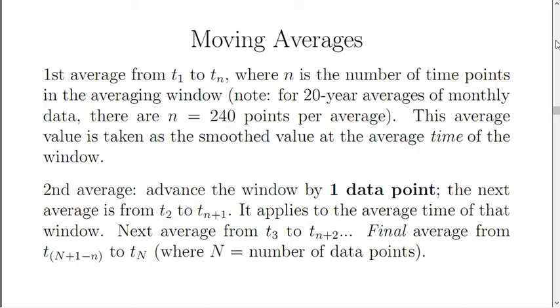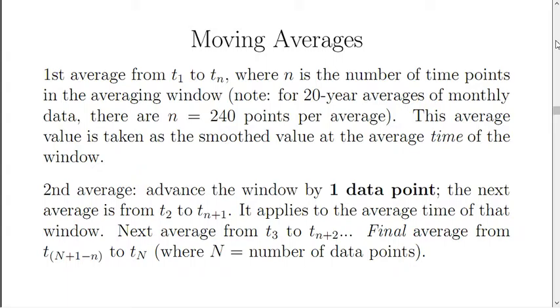The next one, we advance the window by one data point. So the next average will be on data points 2 through 241, and it applies to the average time of that window. And we keep advancing the window by one data point at a time and end up generating a lot of average values. The final average is just the final 240 points of the observed data if we're doing a 240-point moving average.